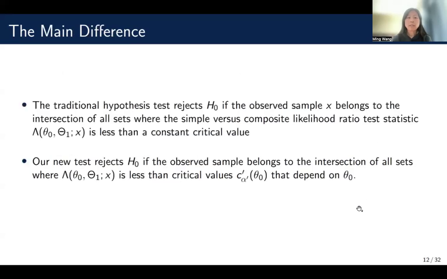The main difference: traditional hypothesis tests reject H null if the observed sample X belongs to the intersection of all sets where the simple versus composite likelihood ratio test statistic lambda is less than a constant critical value. Our new test rejects H null if the observed sample belongs to the intersection of all sets where lambda is less than the critical value c prime alpha prime that depends on theta 0.